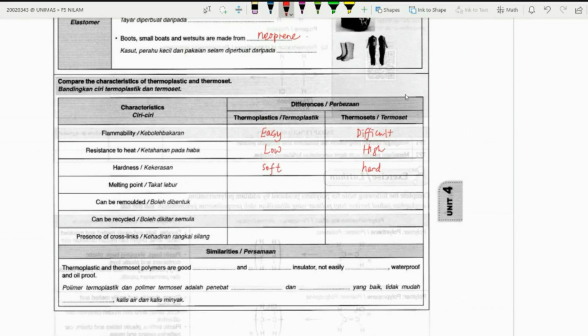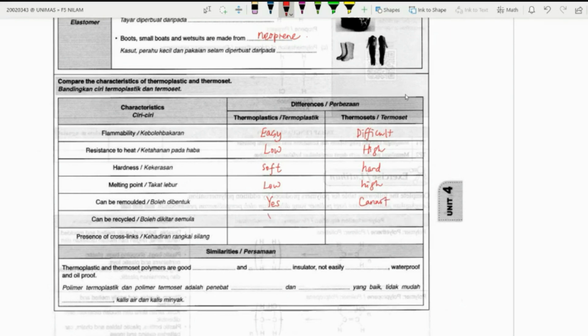And then how about the melting point? Thermoplastic can be easily melted, so it is lower, and thermoset is higher. Can we recycle or not?